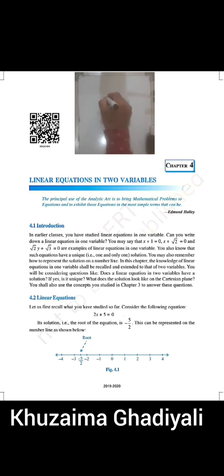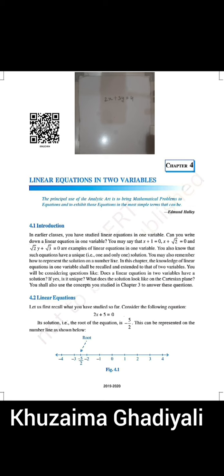Let's take one example, that is again 2x plus 3y is equal to 4. This is one example, that is 2x plus 3y is equal to 4.